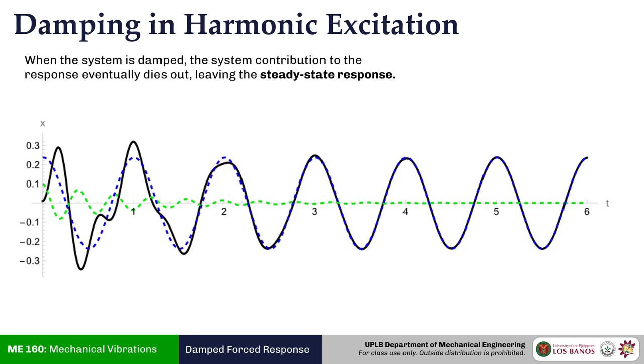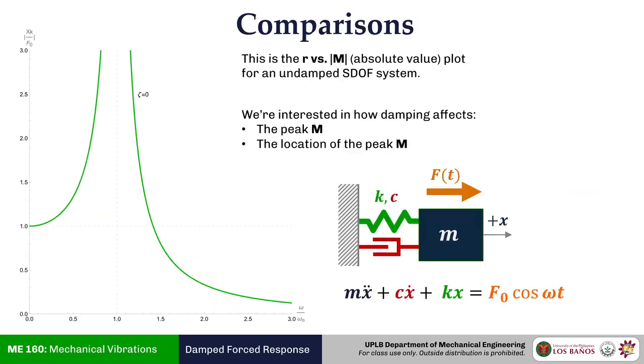Ngayon, we will be comparing yung effect ng damping sa location ng peak amplitude natin and dun sa value ng peak amplitude natin. So, pag walang damping, zeta equals 0, yung ating peak amplitude, I forgot to mention, ang nagbago sa y-axis natin is that in absolute value natin, yung magnification.